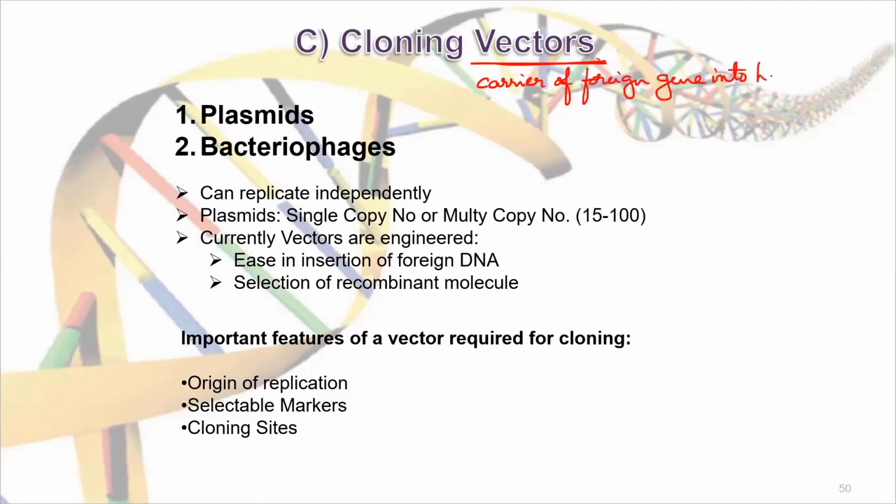So the vector is very, very important. What type of vector you are going to use usually depends upon the host. The most commonly used host is bacteria, and for a bacterial host, the most commonly used vector is a plasmid vector.